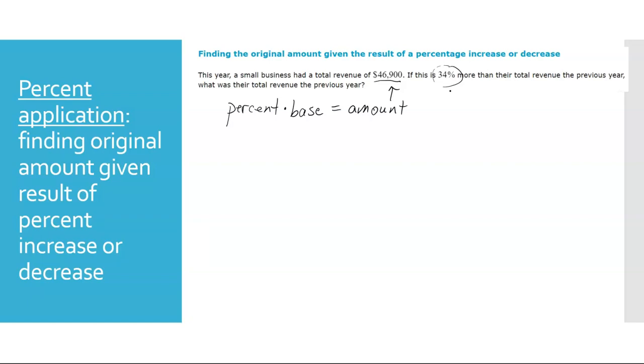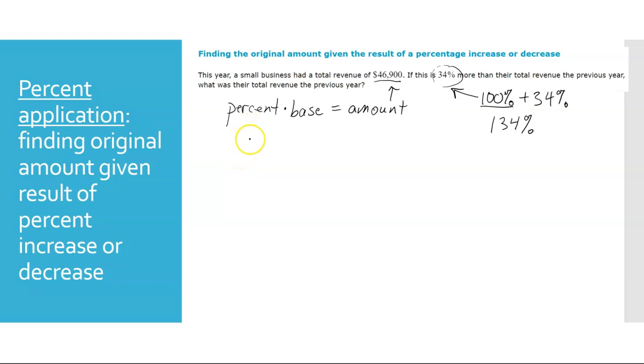So since it's 34% more, what we need to consider right here is 100% of last year's plus a 34% increase on top of that. And so the percentage I'm going to use is actually 134%. So again, the original value, unchanging amount, would be 100%, and we have 34% more on top of that.